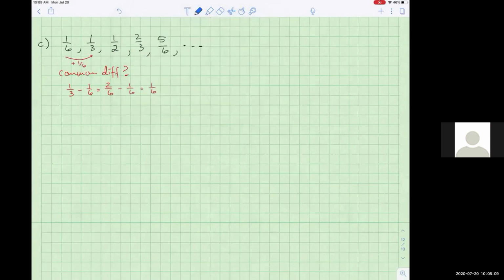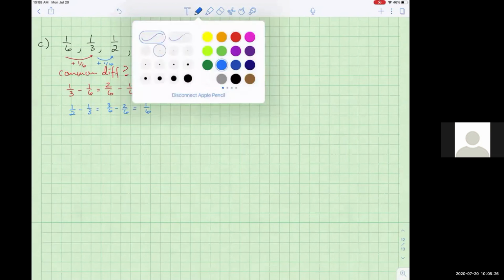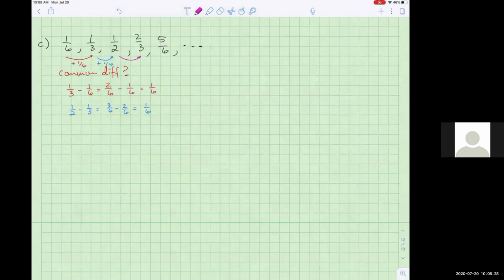For our second consecutive, or common difference, we have 1/2 minus 1/3, which is 3/6 minus 2/6, which is also 1/6. It's looking good for us. Let's try one more here. For our next common difference, we have 2/3 minus 1/2, which is 4/6 minus 3/6, which is 1/6.